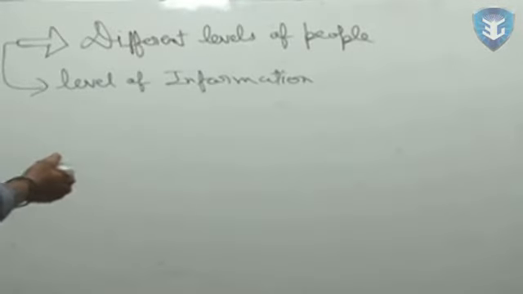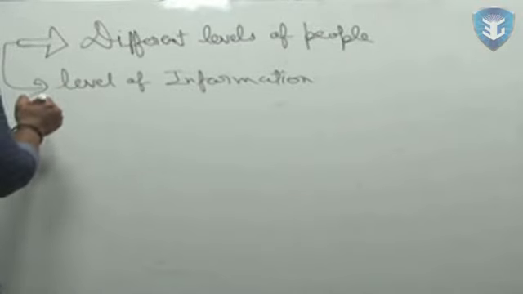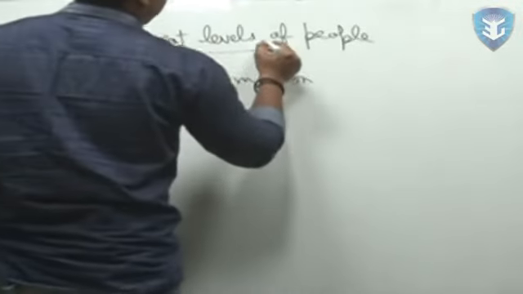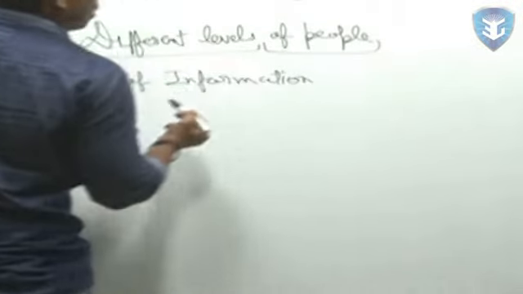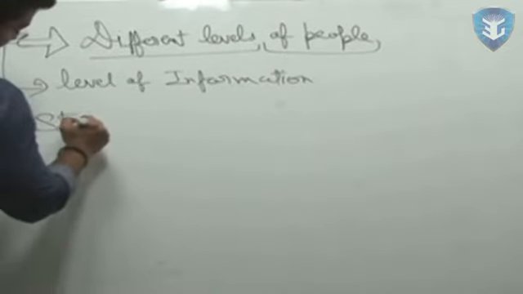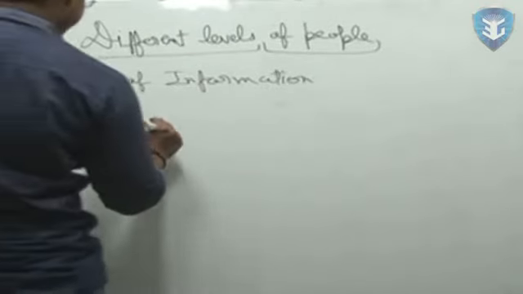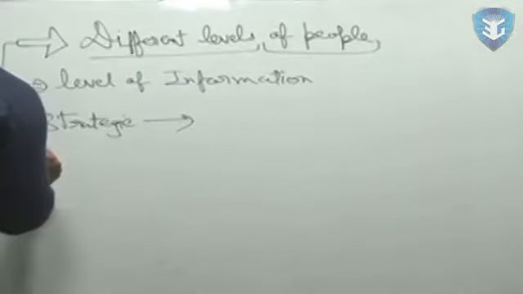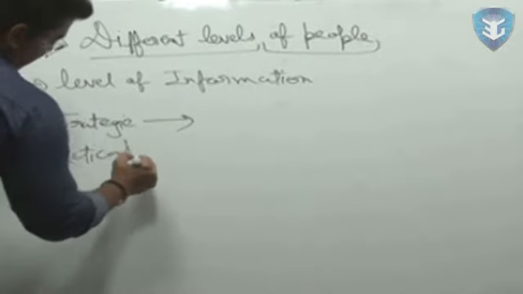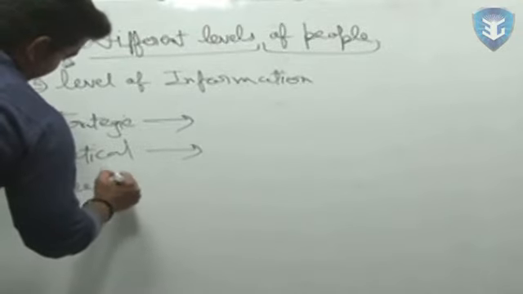Now that we know that we have different levels of information, that information has to be used by different levels of people over different levels of time, which is strategic, tactical, and operational.